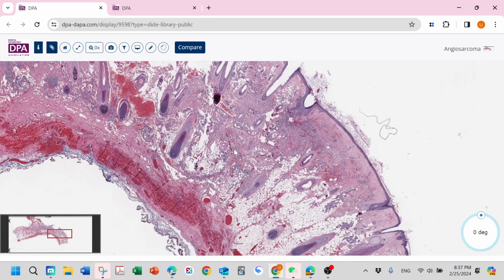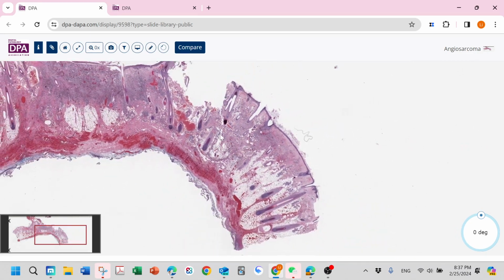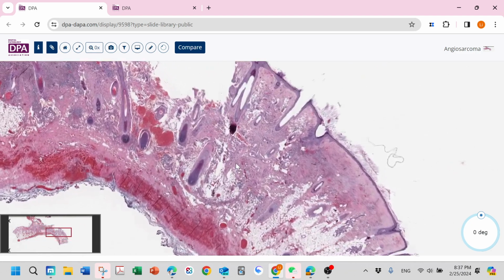Some people may also use CD34, but I just would like to bear in mind CD34 may be negative in epithelioid angiosarcoma. So CD34 negative could not rule out angiosarcoma. You must use your endothelial cell specific and sensitive markers CD31 and ERG to highlight this lesion.